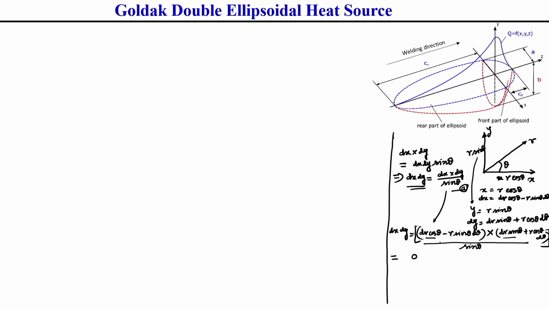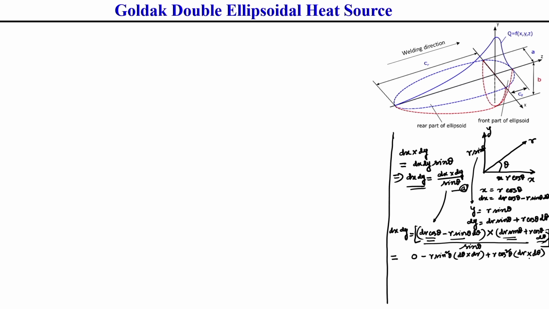Then I need to multiply this with this, so you can say minus r sin square theta d theta cross dr. Now I will multiply the first term with the second term: this will be plus r cos square theta dr cross d theta.